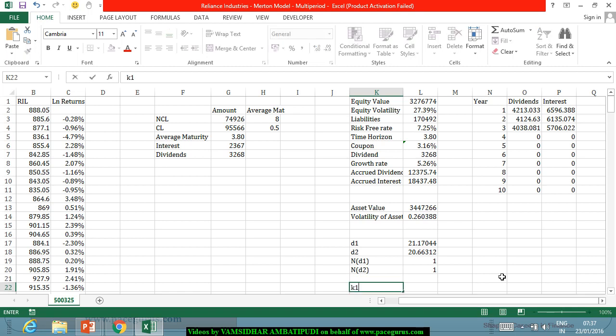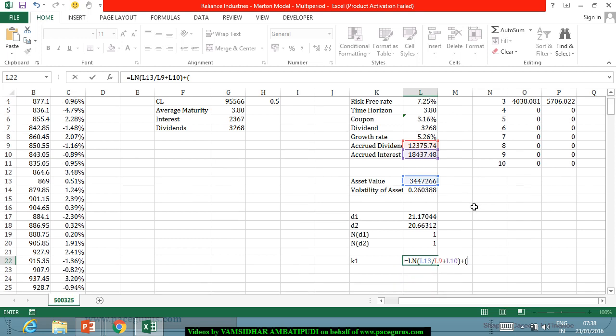The same logic I can do with K1 and K2 as well. So in case of K1, I'll take it as log A T divided by D plus I, which is the accrued dividend plus accrued interest. So log AT divided by D plus I, the rest all remain the same, right?